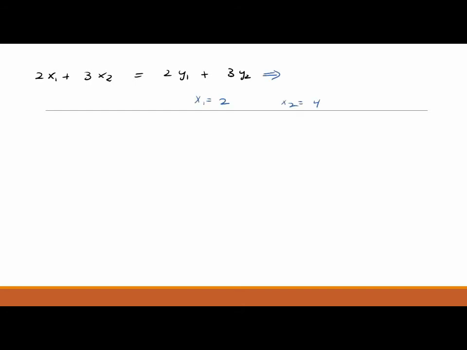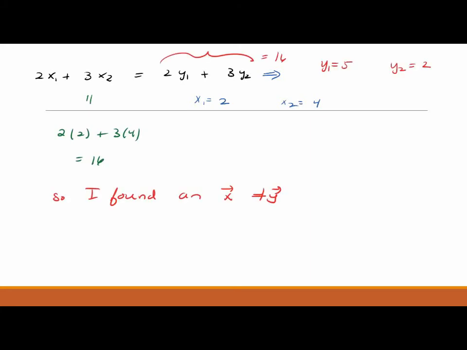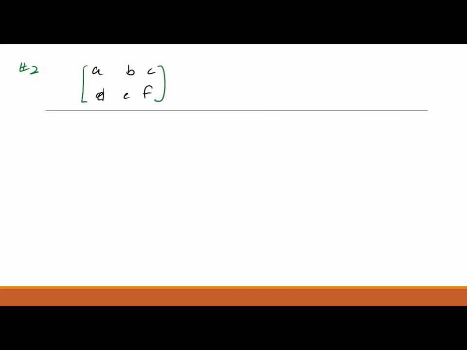And what that tells me is that I could just make up some numbers, kind of like I did for the first problem. They're a little bit more difficult to make up. So I had to play around a little bit. I got this to be 16, and then I looked over on the other side and I made some choices to get that to be 16, but those numbers weren't equal in any way. So number 2, I'm going to let you play around with that one a little bit, and then we'll go over that one.